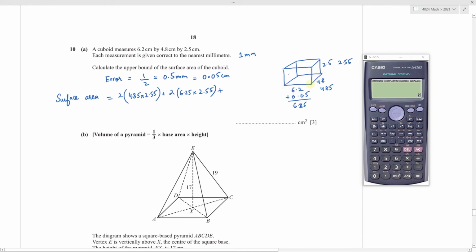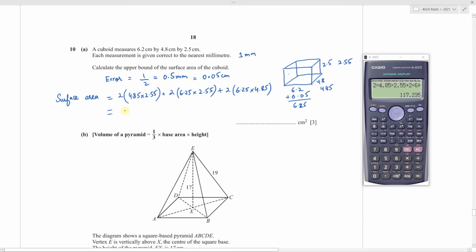And now let's look at this bottom, this one. So this is 6.25 and then 4.85. 6.25 into 4.85, and the bottom face is the same as the top face, the same dimension, 6.25 and 4.85, so this will be multiplied by 2 as well. So now let's calculate this. 2 into 4.85 into 2.55 plus 2 into 6.25 into 2.55 plus 2 into 6.25 multiplied by 4.85.